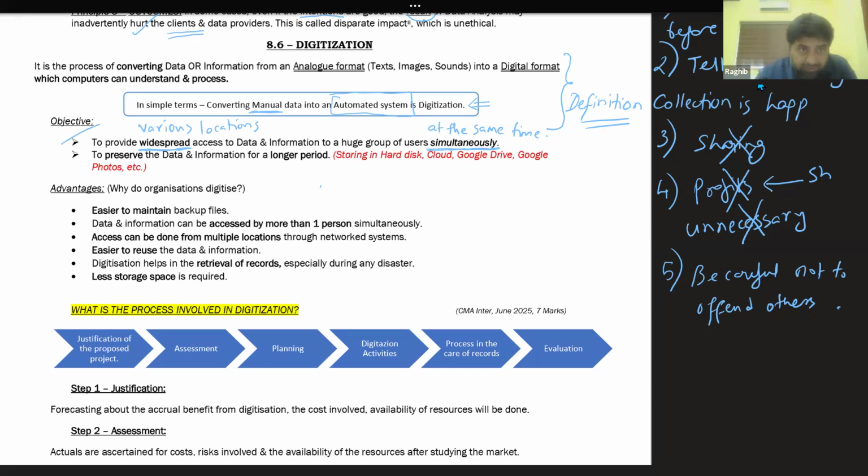Now, next one, to preserve the data and information for a longer period. See, the written information, the data, everything on paper is more prone to theft, more prone to get lost, because in a computer you can create many copies also.